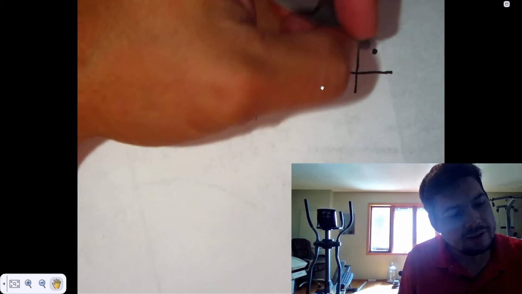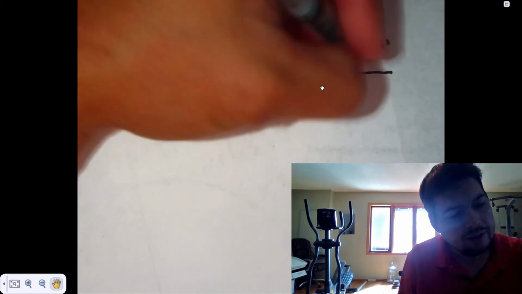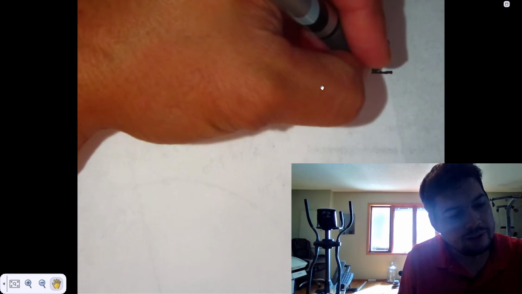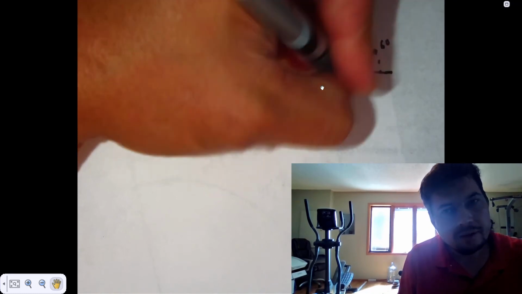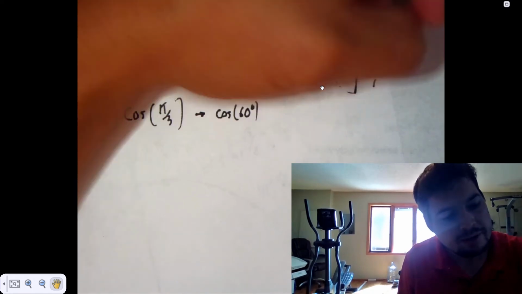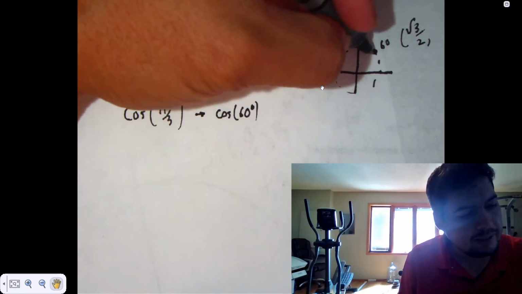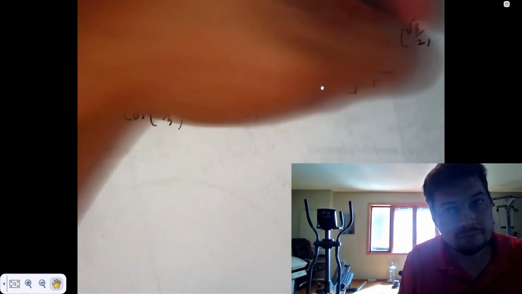So, 60 degrees here, I kind of label it a little bit. And I just think about what it took to get to that point. I ran to the right more than half a unit, so it must have been root 3 over 2. And mine's not placed entirely, but what is?